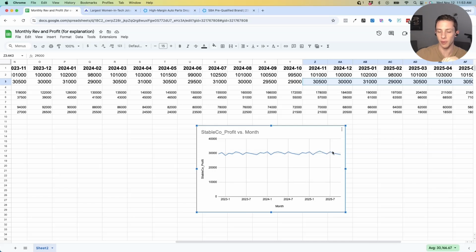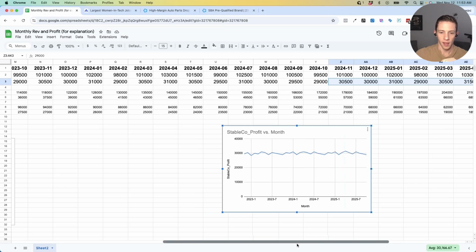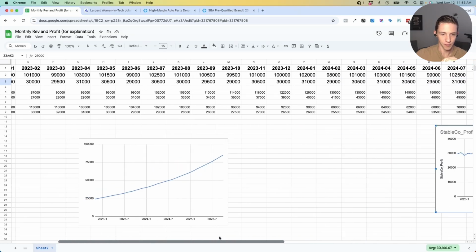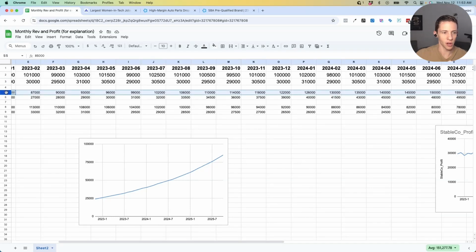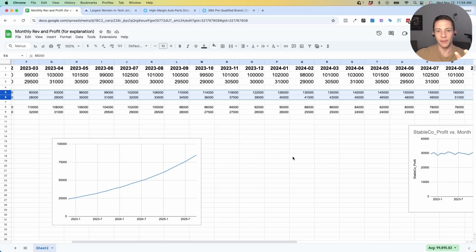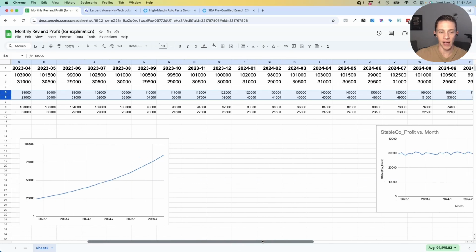And in this example, it is steady, right? Very, very rarely do you see a line as stable as that. And then I made a growth model here, and we can see this is just the second set of numbers, largely irrelevant. The point I need to make here is that when I get these numbers, the first thing I like to do is make a chart so we can see how things are growing.